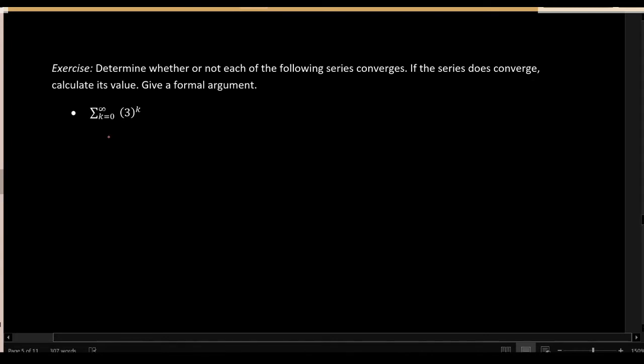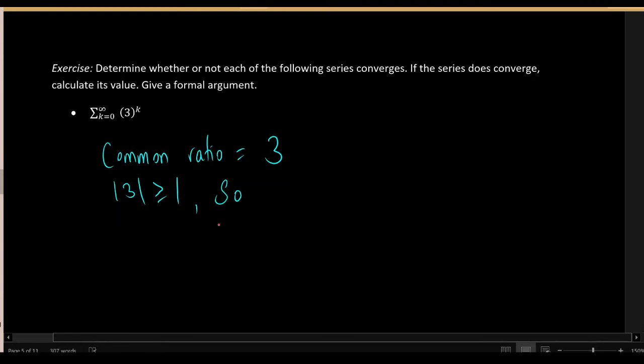So in this case, the common ratio is equal to 3, and 3 in absolute value is larger than 1. So the hypothesis of one of the three parts of that theorem is satisfied, and we can conclude by that theorem that this series must diverge.